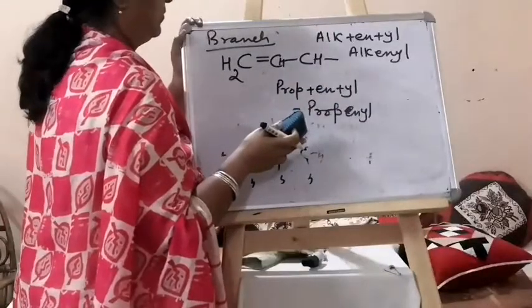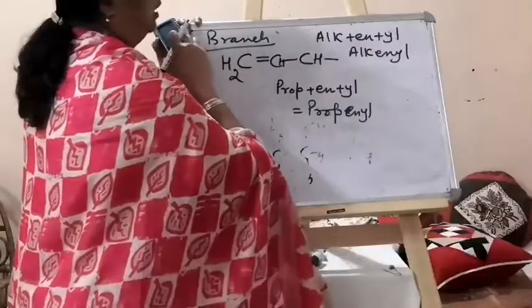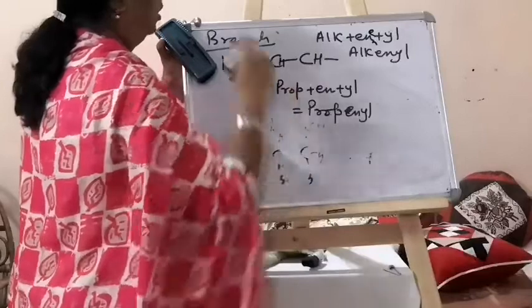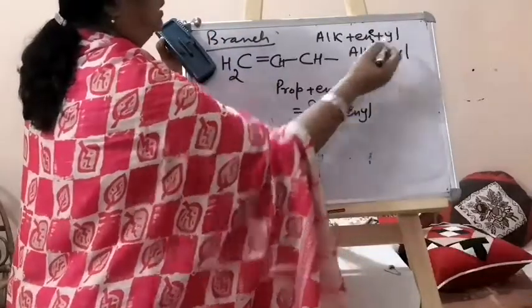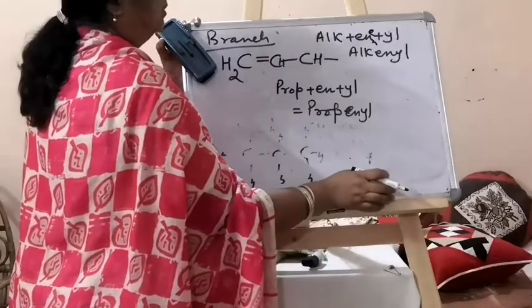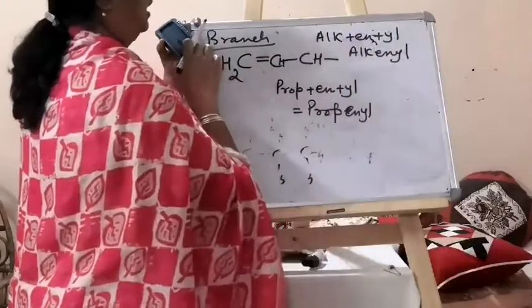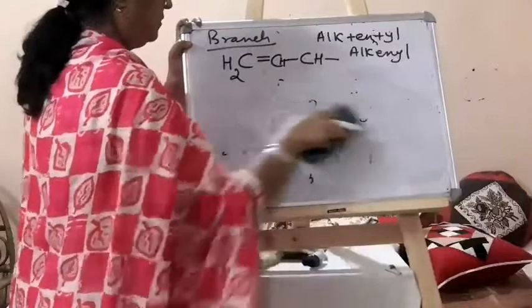And the prefix will be ending with yl. Here the last vowel e, and y is a semi-vowel. So 2 vowels are joined together, then the first vowel is omitted. That's why there will be no e. So alkenyl.